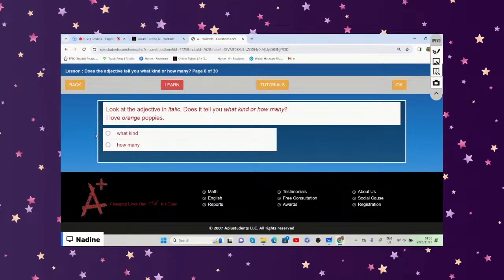Yeah, so basically it tells us what kind because it says I love orange poppies. So it's like what kind, right? So what kind of poppies? Orange poppies.